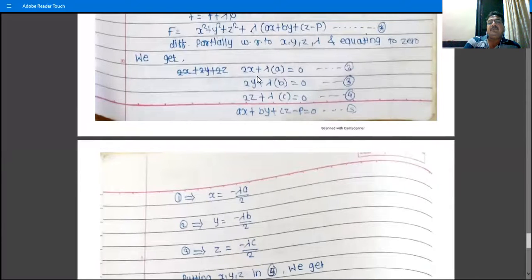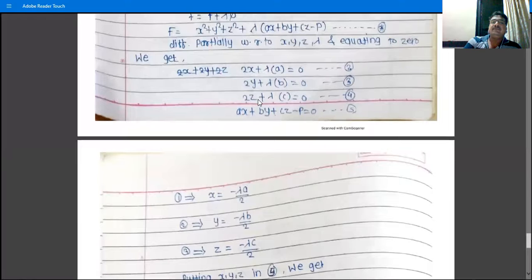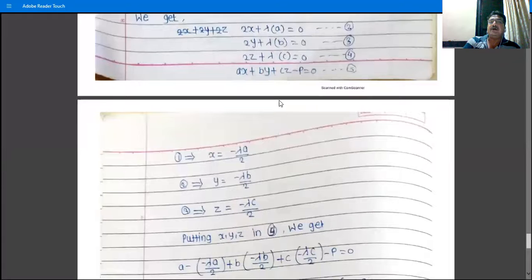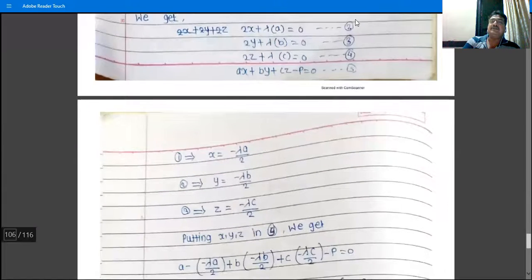If we can find the values of x, y, z from equations 2, 3 and 4 in terms of lambda, independent of x, y, z, then find the values of x, y, z from equations 2, 3, 4.